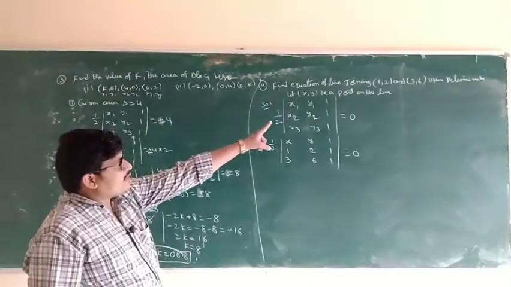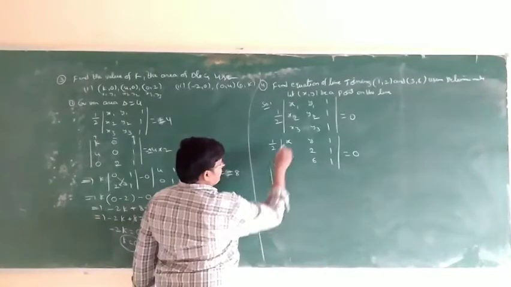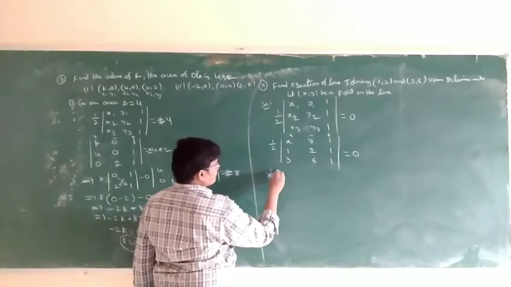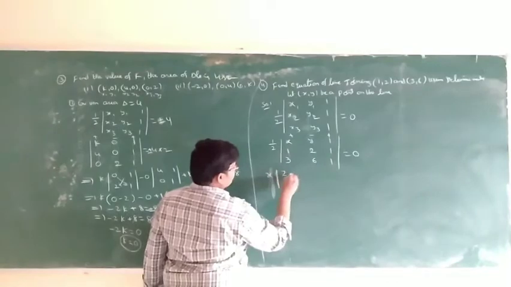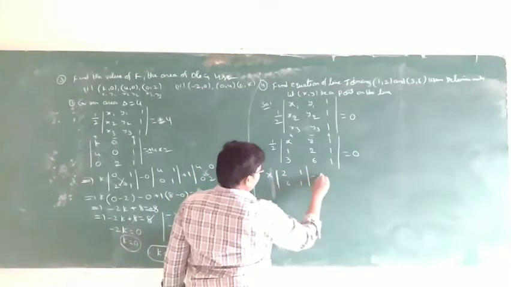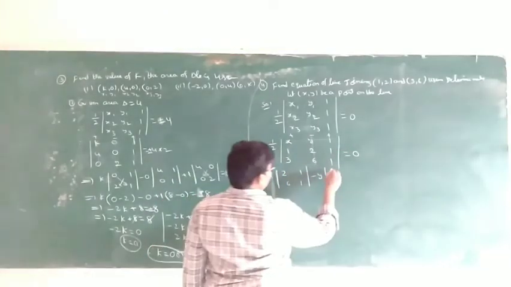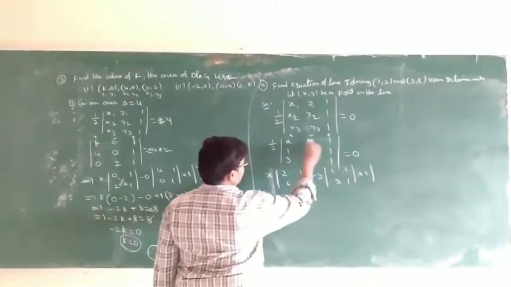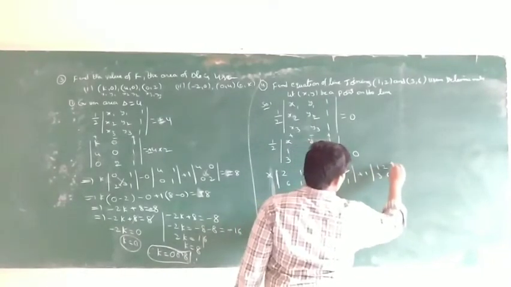Let (x, y) be a point on the line. Expanding: x times the determinant of (2 1; 6 1), minus y times the determinant of (1 1; 3 1), plus 1 times the determinant of (1 2; 3 6) equal to 0.